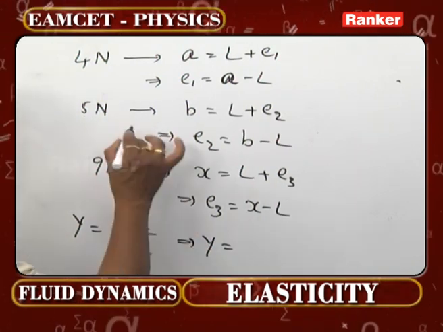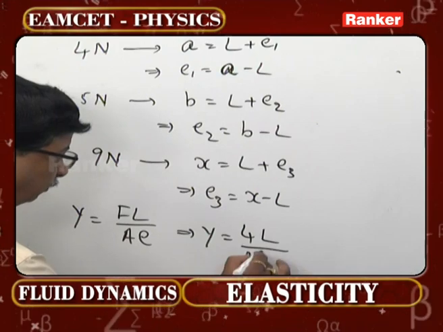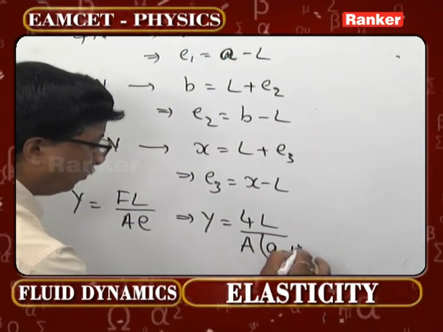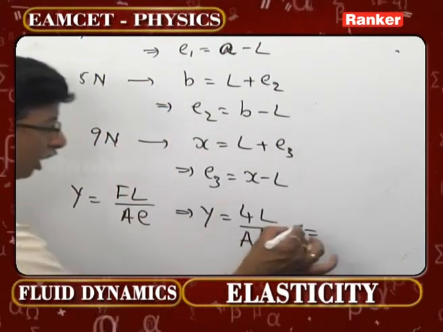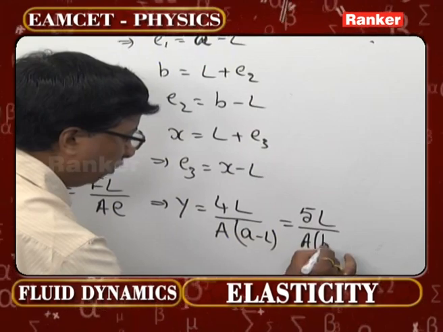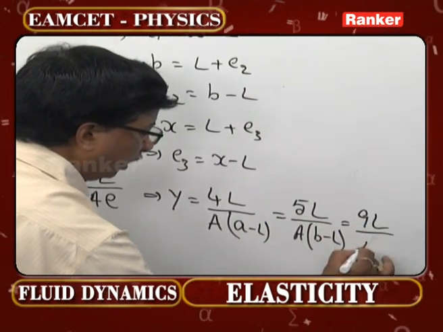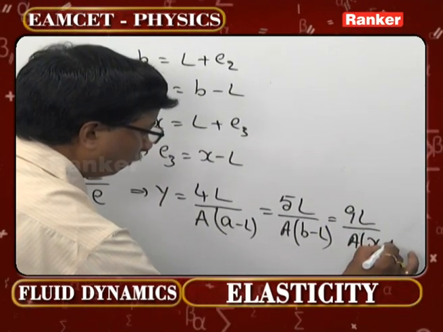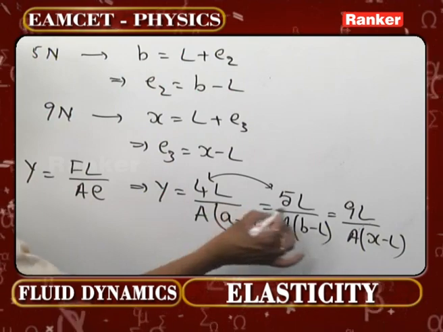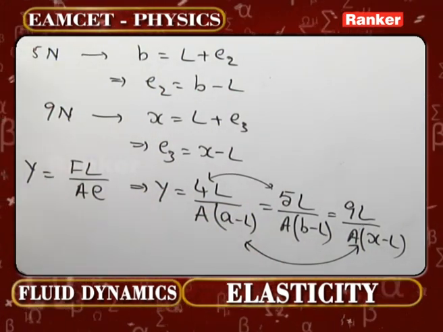Y is equal to F is 4, L is the original length, A is area of cross section into E1, A minus L. That is equal to, for the second wire, 5L by A into B minus L. For the third wire, 9L by A into X minus L. So what you just have to do is equate these two and equate these two, to simplify those values.